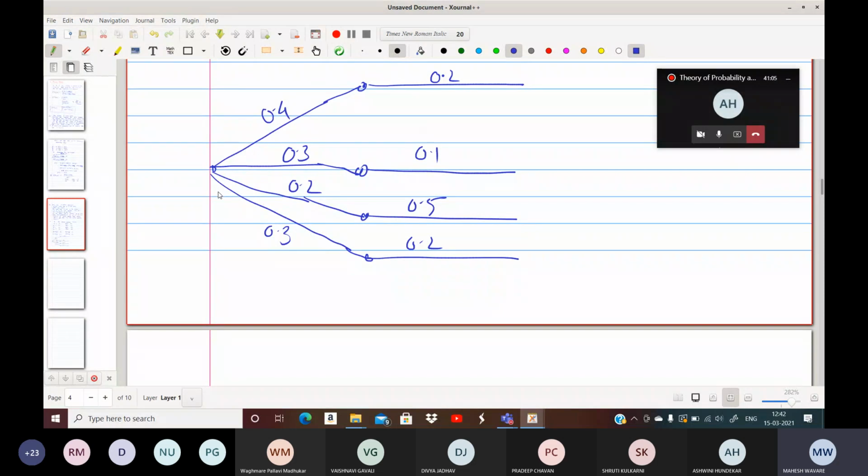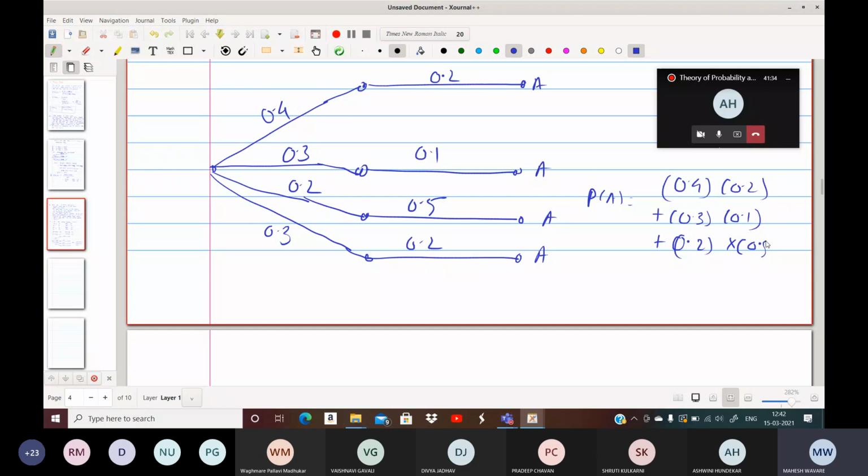We want to find the probability that a person receives a speeding ticket at any of the locations, the probability of A. Probability of A is 0.4 multiplied by 0.2, plus 0.3 multiplied by 0.1, plus 0.2 multiplied by 0.5, plus 0.3 multiplied by 0.2.